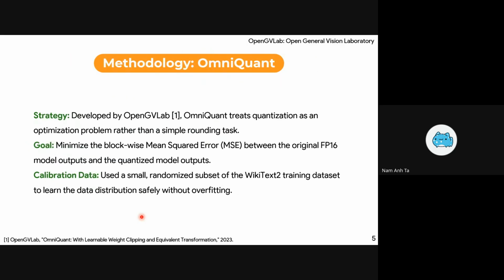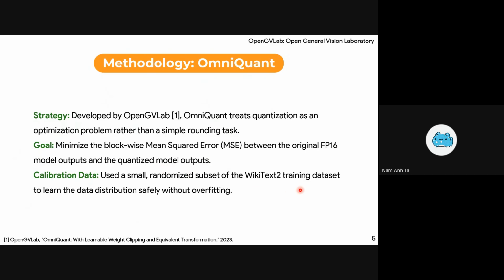The method I'm using here is called OmniQuant. This method is developed by the OpenGVLab, and it treats quantization as an optimization problem rather than simple rounding. The goal here is to minimize the mean square error, or MSE, as in chapter 9 before, between the FP16 output and the quantized model output.